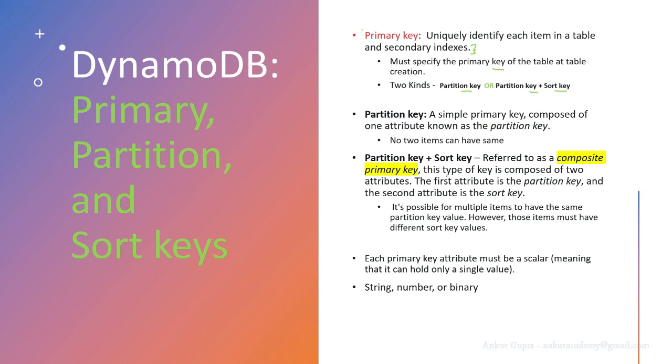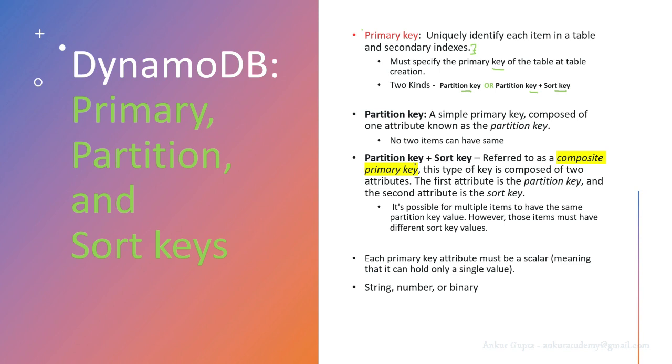Now, sometimes you need to create a composite primary key, which is nothing but a partition key and a sort key. So in this case, you can have different items with the same partition key. For example, in orders table, you can have orders mapped to different customer IDs.